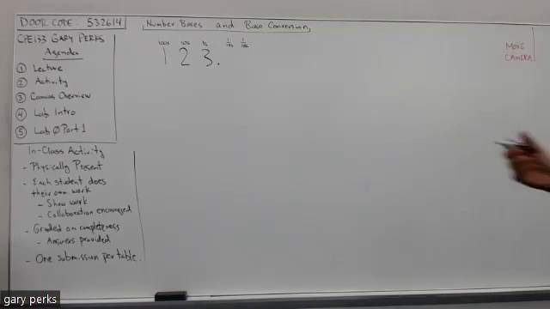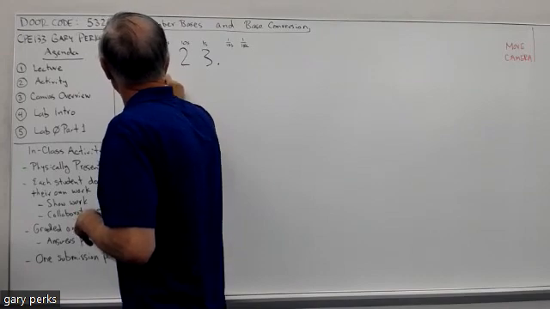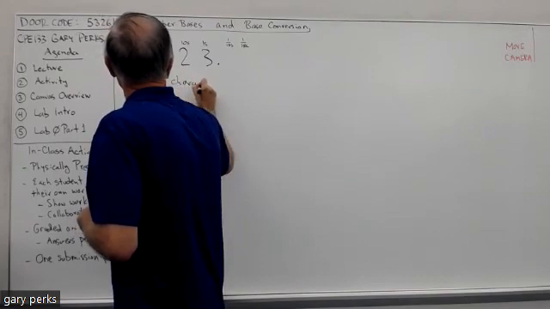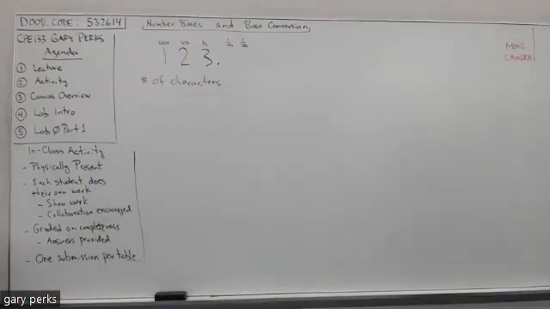Now, how many characters do we have in base 10? 10. Right, because it's 0 through 9, and 0 is a character.